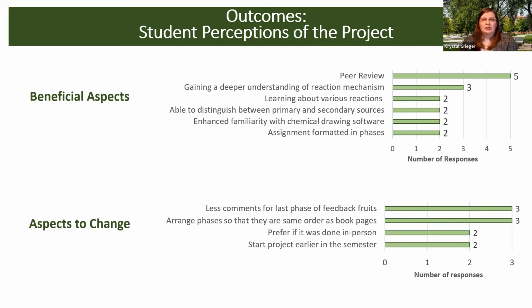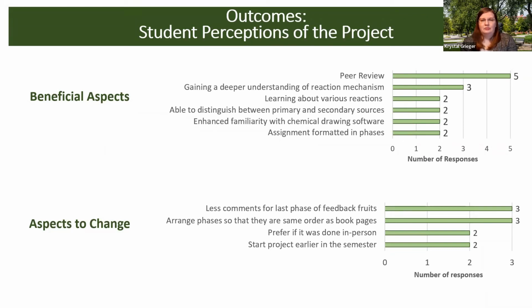It was actually surprising that 2 of the students, when they were asked what was beneficial, wrote that they were able to distinguish between primary and secondary sources, so they themselves felt that was helpful for them. And they also appreciated having enhanced familiarity with the chemical drawing software, and that they liked that the assignment was formatted in phases.